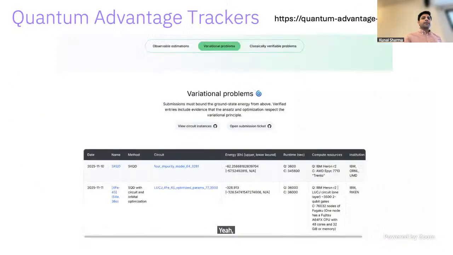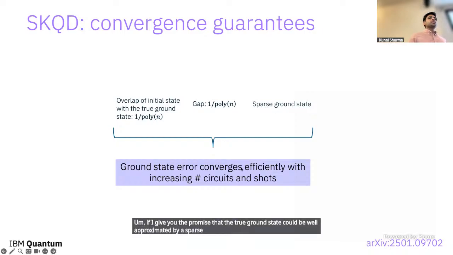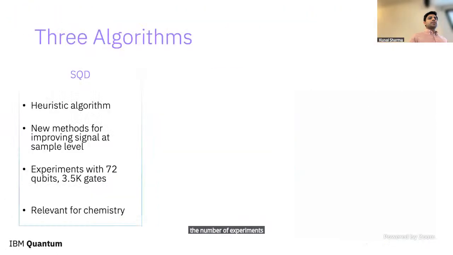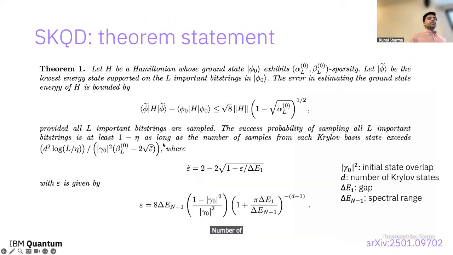Yeah, it is well defined from the proof. If I give you the promise that the true ground state could be well approximated by a sparse wave function, then the number of experiments that you need from each Krylov state scales like this with system parameters.